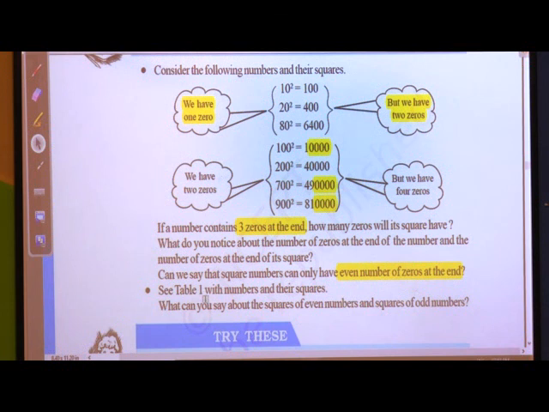See table 1 with numbers and their squares. What can you say about the squares of even numbers and squares of odd numbers?